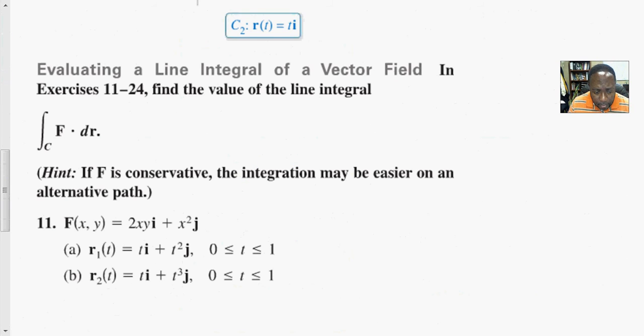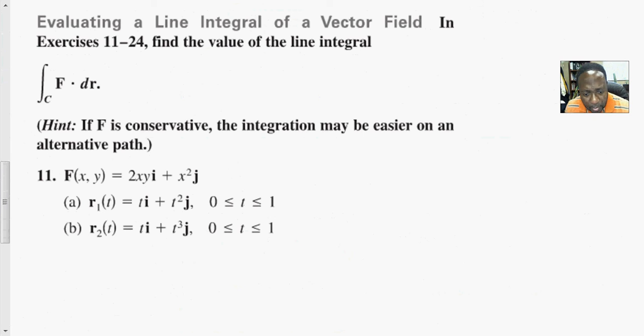Let's look at some problems. Find the line integral. If F is conservative, the integration may be easier. That is, use the fundamental theorem of line integrals. So this is M, this is N. The partial of M with respect to y is 2x.